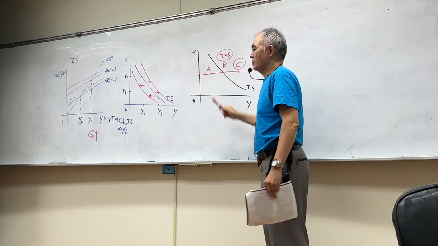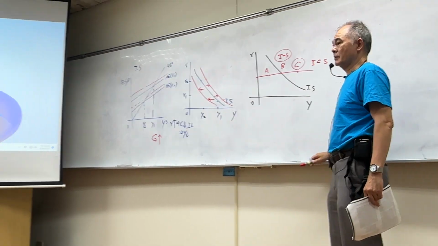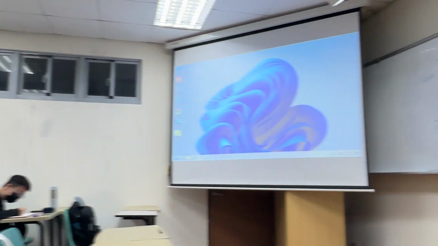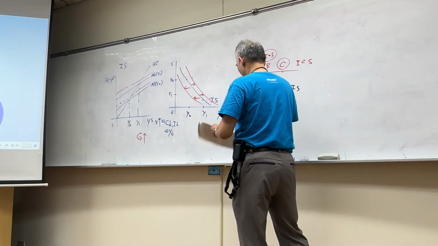What is the relationship between I and S at A? S is greater than I, it is here, point C. Why?